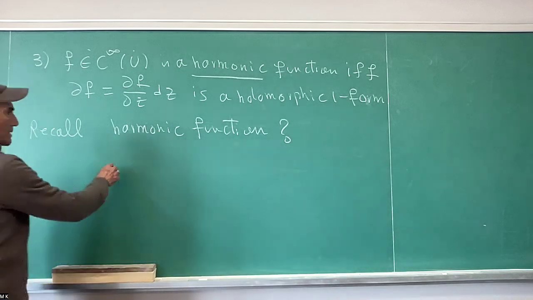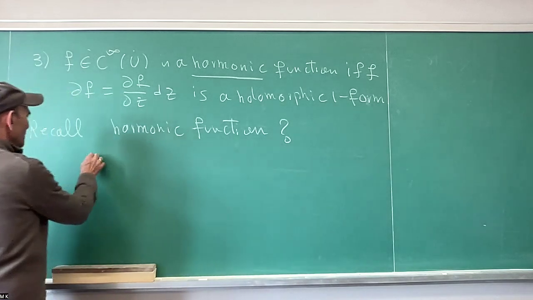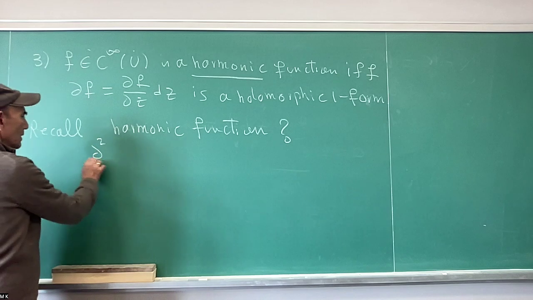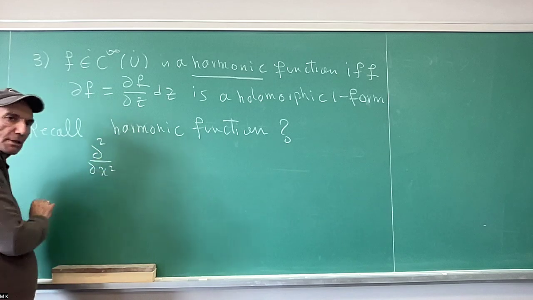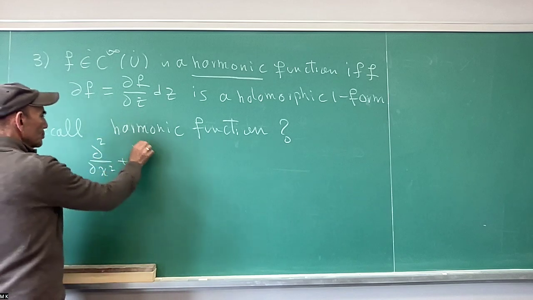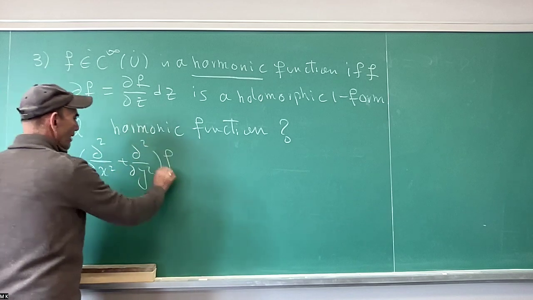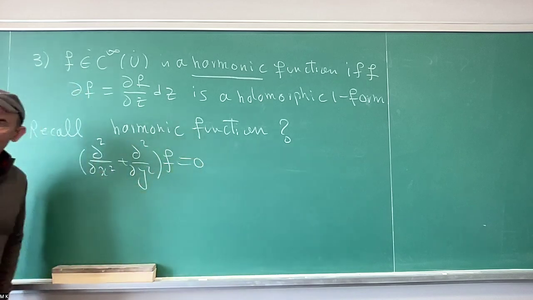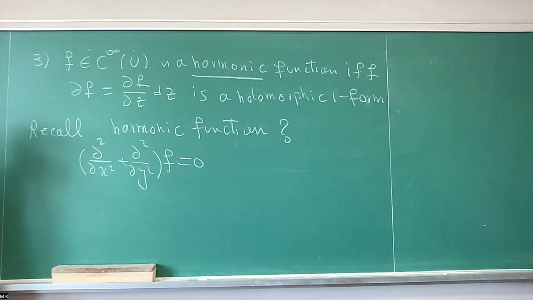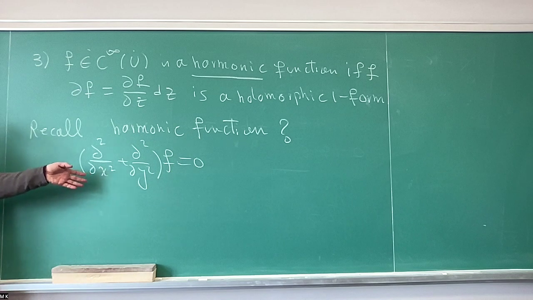Exactly. So harmonic function meant the following: d2/dx2 plus d2/dy2 of f is equal to 0. That's the definition of a harmonic function from complex analysis 101, or multivariable calculus.